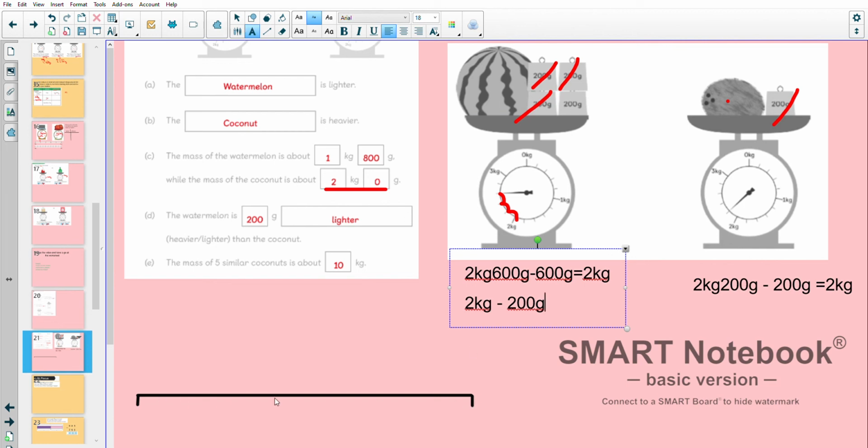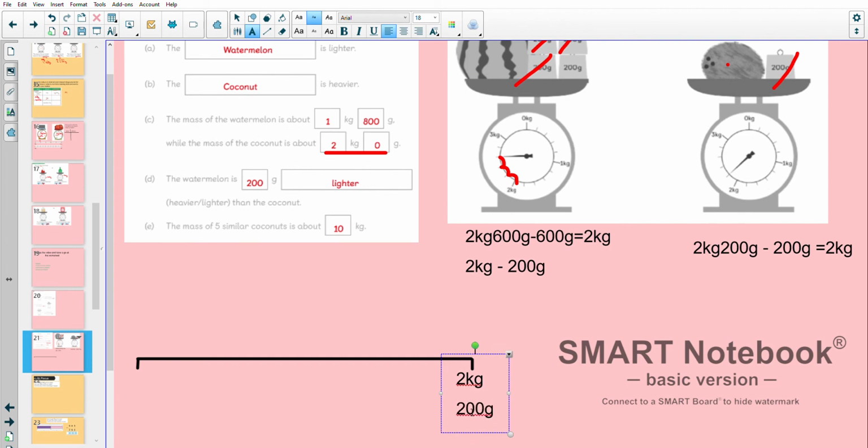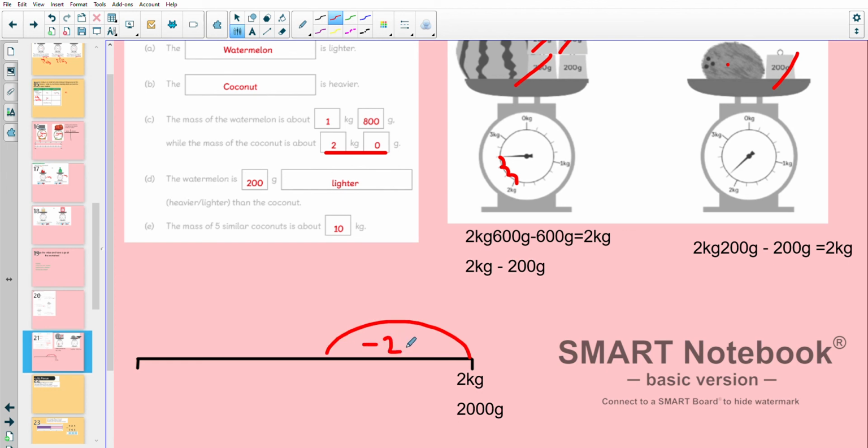So I'm going to start here and I'm going to start with my biggest one, which is 2 kilograms, and underneath I'm just going to write 2,000 grams because that is the same as 2 kilograms. With my mouse I'm then going to take away 200 grams.